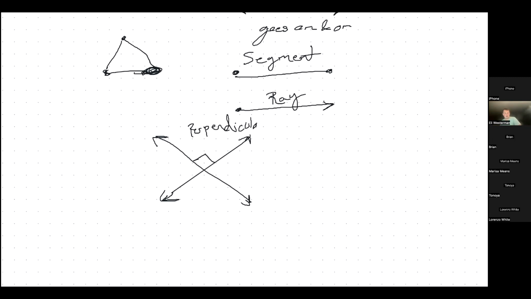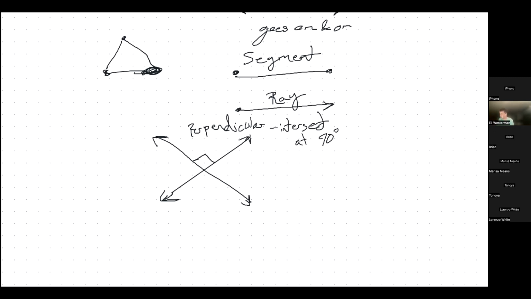And that means they intersect at 90 degrees. Just like hopefully the table or desk you're using has a square corner that's 90 degrees. That square designates that they're perpendicular.